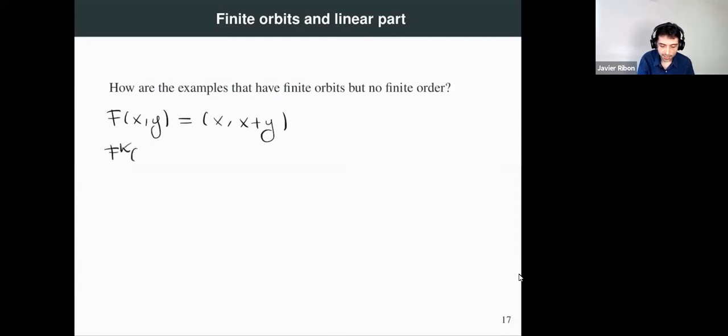Because the kth iterate is going to be (x, kx + y). So if k is different than 0, this is not the identity, so it does not have finite order, but it has finite orbits. And we want to see what there is in the difference of these two sets.